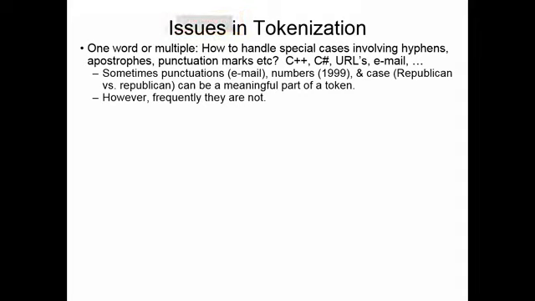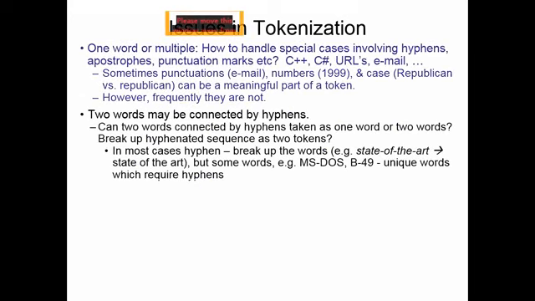Still, punctuation marks are nowadays used as part of the word. How you are writing state of the art. Even C, C++, and even the email ID. How MS-DOS is written, MS Word is written, how a given type of airplane is written.